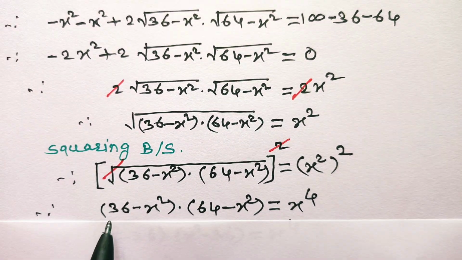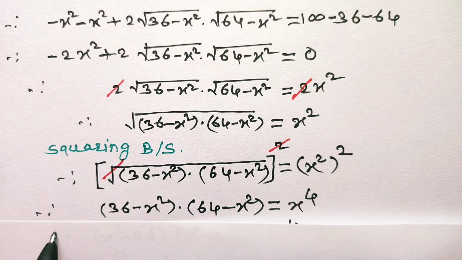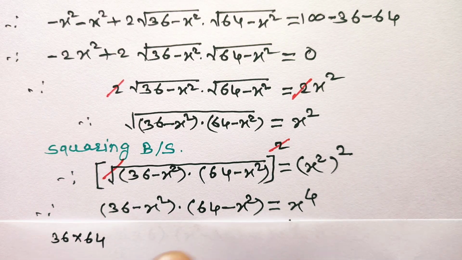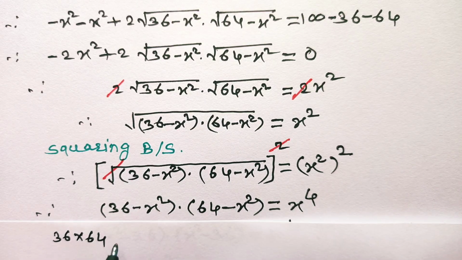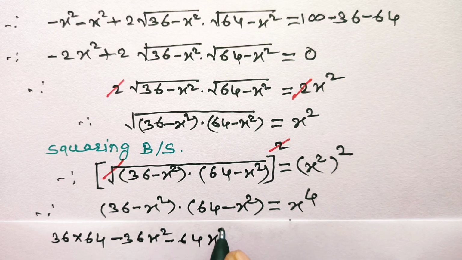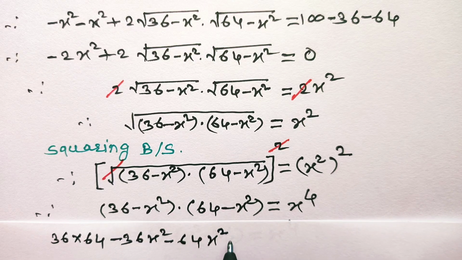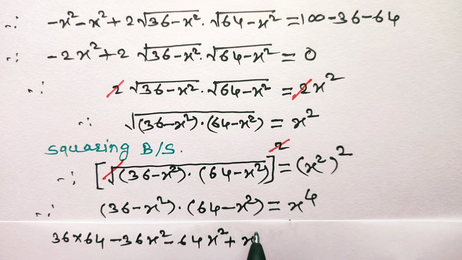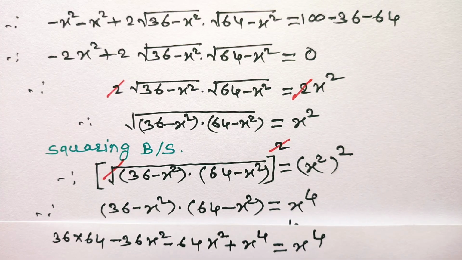Now 36 into 64 minus 36 into x square minus 64 into x square minus x square into minus x square plus x to the power 4 is equal to x to the power 4.